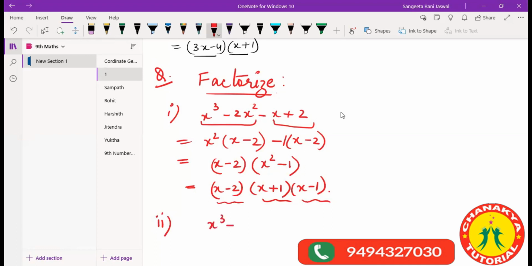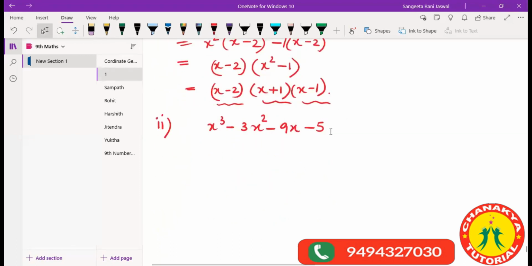So let's take the other one. x cube minus 3x square minus 9x minus 5. Again, let's check. x cube minus 3x square minus 9x minus 5. Okay. This is it. Now, how do we do this? In this question, can we take 3x square and 9x as common?